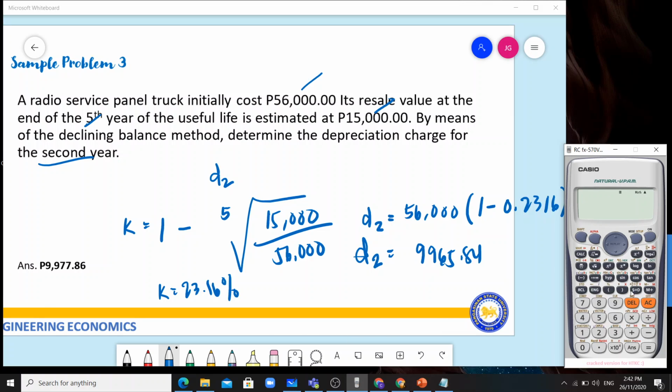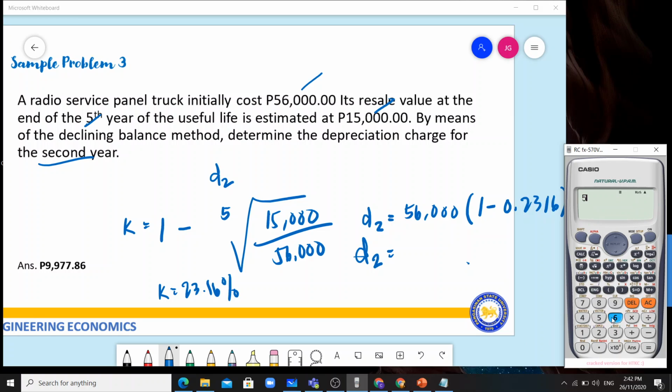So let's try not rounding off, since we rounded off earlier. We won't round off this time. 1 minus the 5th root of 15,000 over 56,000. There. So, 23.16.